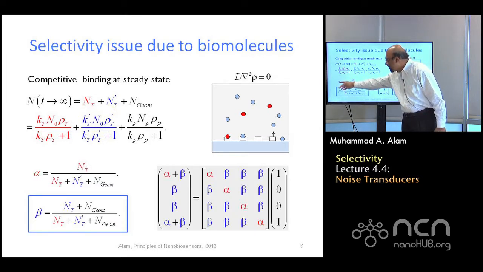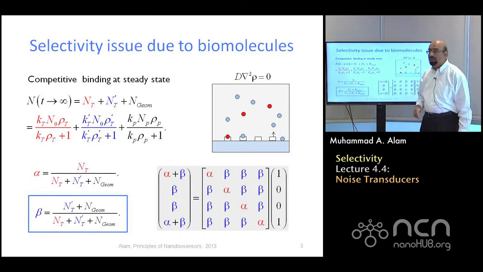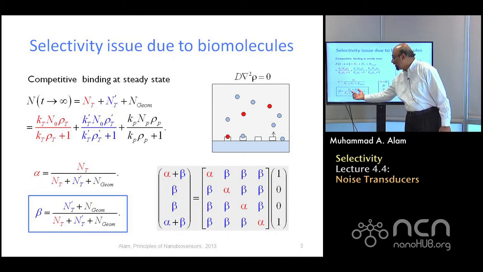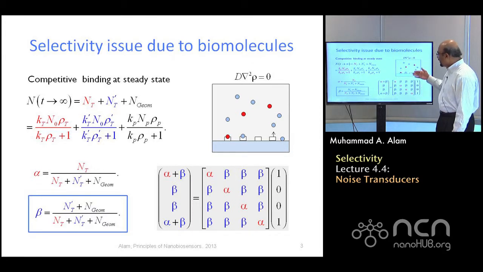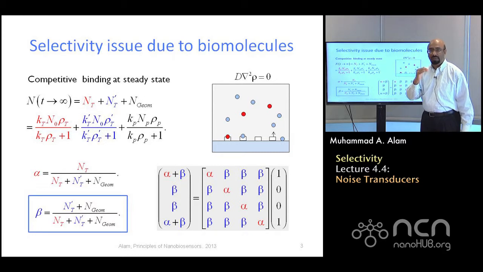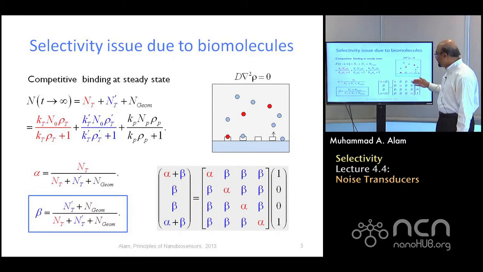And if you express the fraction of the correctly captured molecule with respect to the total number of biomolecules captured, call that alpha, and call beta to be all the parasitic capture events, then we saw that the biosensor can be described by a small matrix where the alpha on the diagonal allow you to say what fraction of the molecules are correctly identified, and beta are all the incorrectly identified, false positive associated with this sensor.